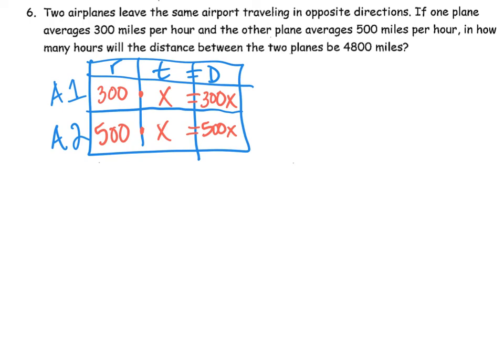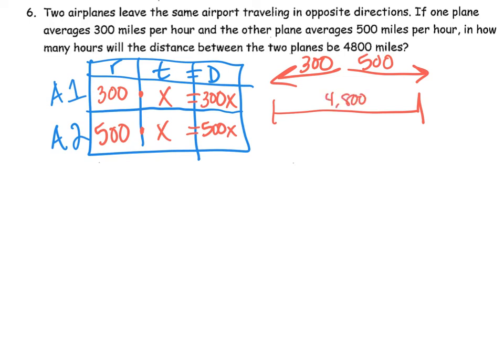All right. Total, when will they be 4,800 miles apart? One guy's flying at 300 miles an hour. The other guy's flying 500 miles an hour. I want to know when the total distance will be 4,800. Airplane 1 plus airplane 2 equals 4,800.